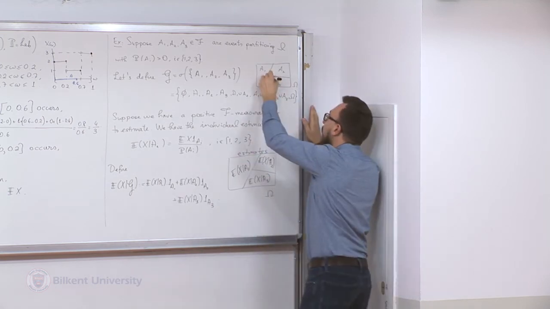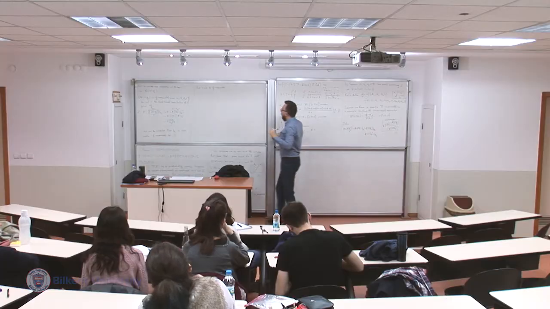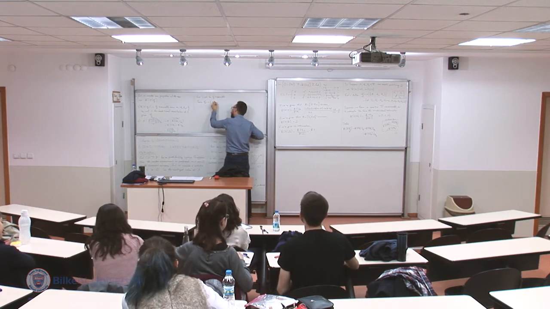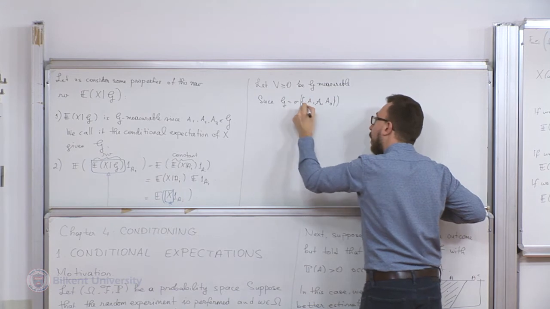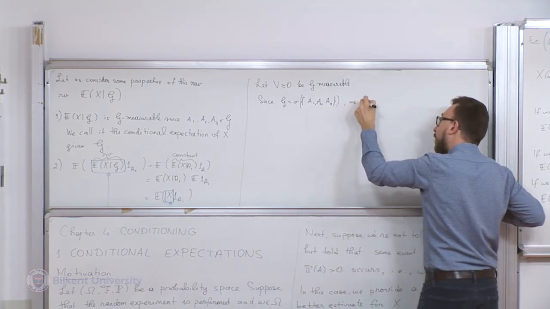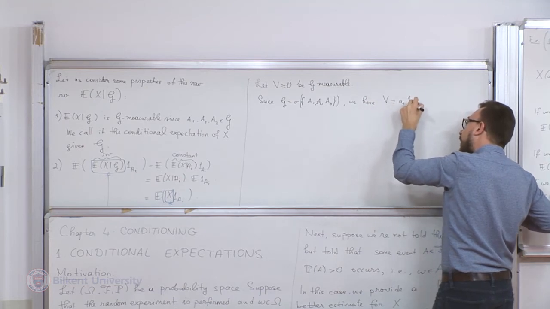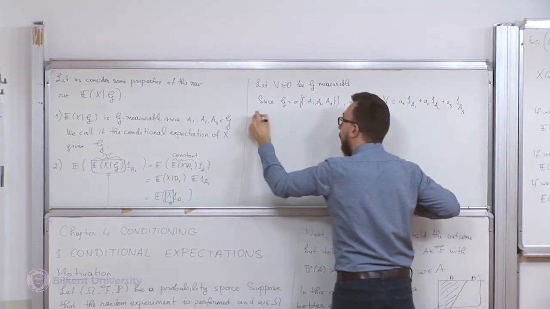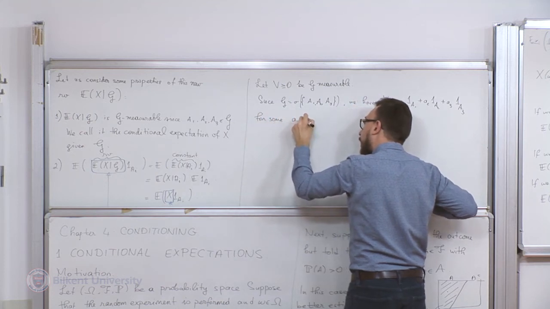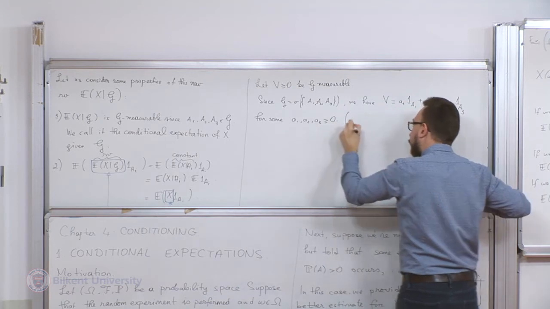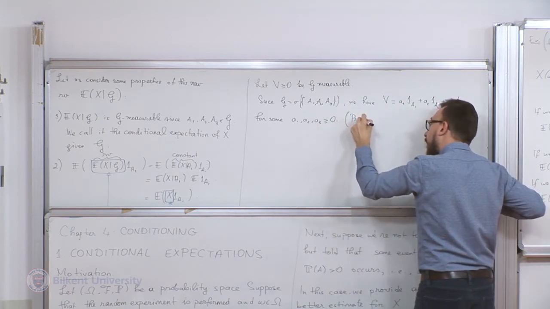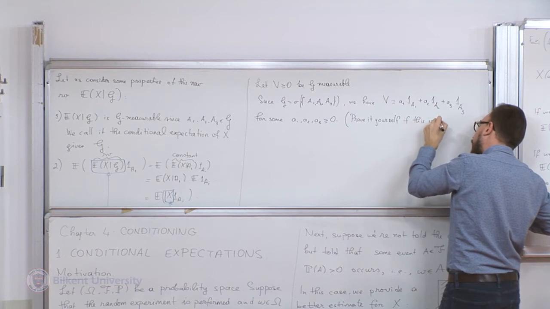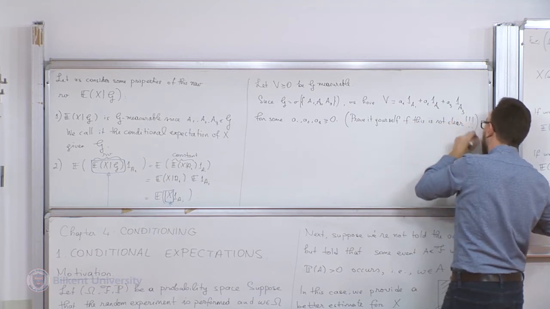So this is indeed the meaning of measurability with respect to G. So since G is only generated by A1, A2, A3, we have V equals a1 indicator A1 plus a2 indicator A2 plus a3 indicator A3 for some constants a1, a2, a3. So prove it yourself if this is not clear.